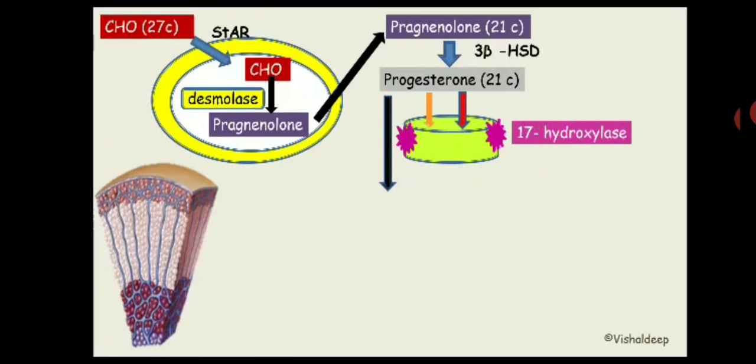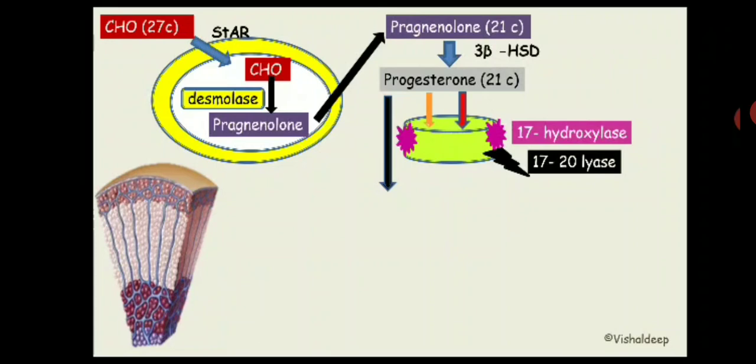It will add one OH group at the 17th carbon. Now the progesterone that is going to make a sex hormone has one more robotic arm. The name of that robotic arm is 17-20 lyase. What does this lyase do? It will cut the bond between the 17 and 20 carbon atom.